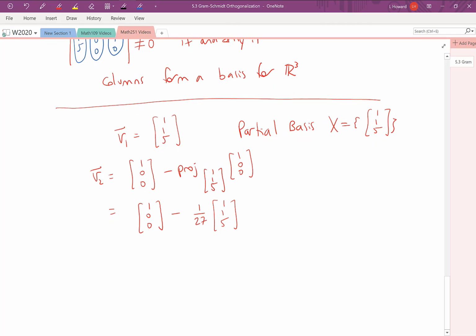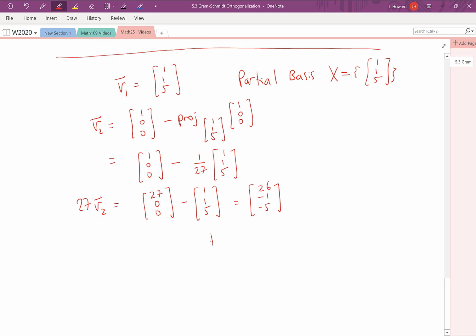Okay, and then we said in our previous problem that you can feel free to scale these vectors, no need to deal with fractions here. So let's instead work with 27v2, which would look like 2700 minus 115. So in other words, 26 minus 1 minus 5.